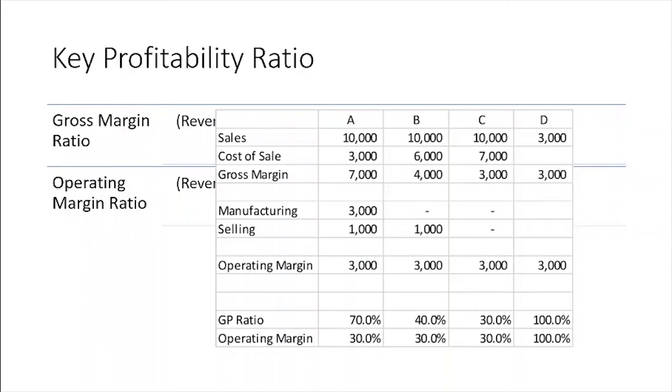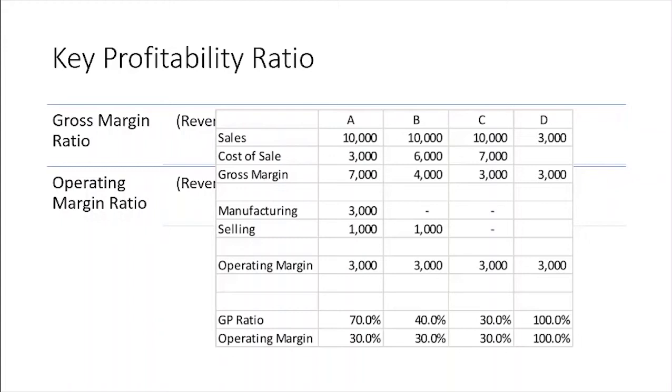If you look at the profit and loss statement, what do you understand? What is company A doing? So company A is manufacturing the things by themselves, correct?